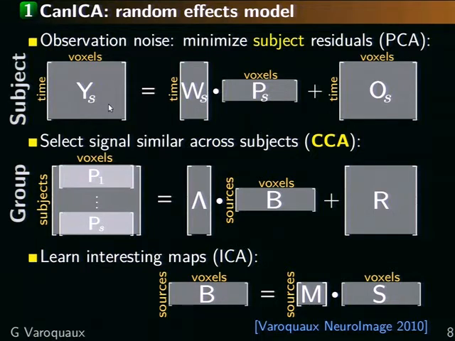So what we've tried is to add an explicit difference between noise at the subject level and noise at the group level. At the subject level, we use a PCA, principal component analysis, and at the group level, we use a canonical component analysis. It's fairly similar, except it forgets the variance at the subject level.